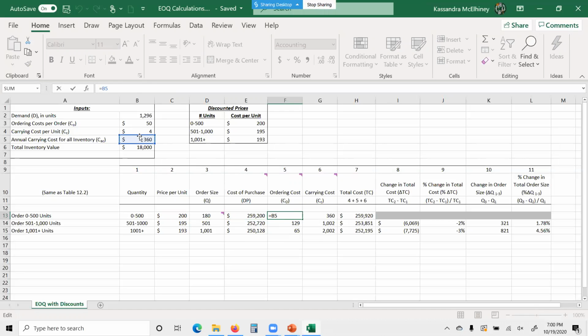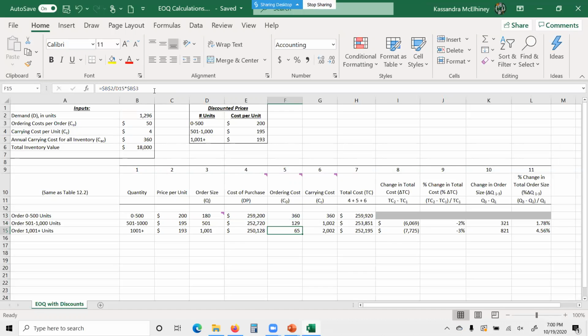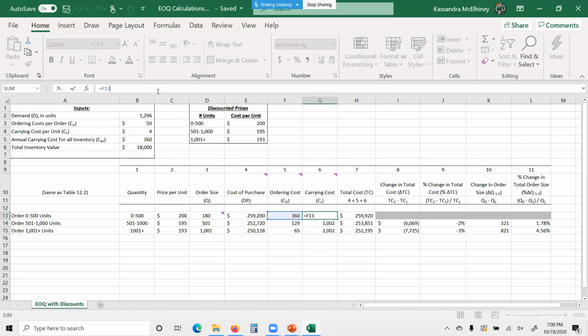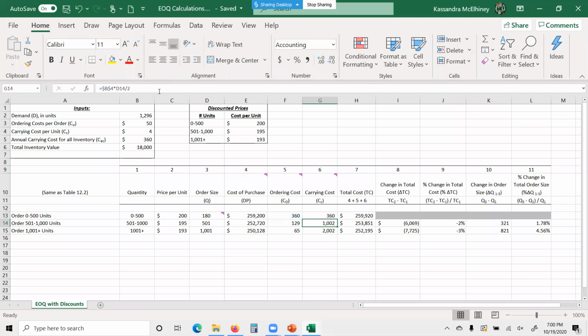We have to come up with it in the next 2 quantities. The total carrying cost was also given to us, and we need to derive that in the next 2 quantities as well. So total cost of inventory is going to be cost of purchase plus the ordering cost times carrying cost.